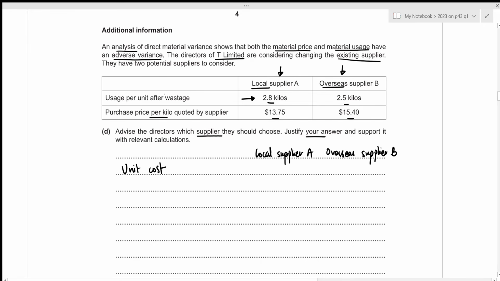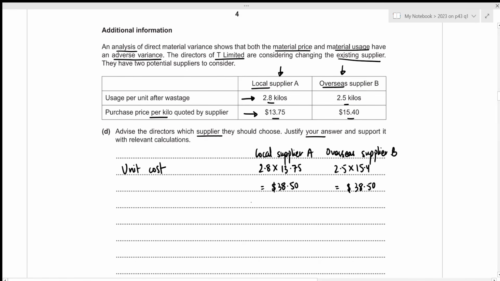And in order to calculate the unit cost, we just need to multiply it by the price per kilo, which is also given right here. So for local supplier A, that will be 2.8 times 13.75, which results in the value of 38.5. We now repeat the same process for overseas supplier B. So that's 2.5 multiplied by 15.4, which again results in 38.5.